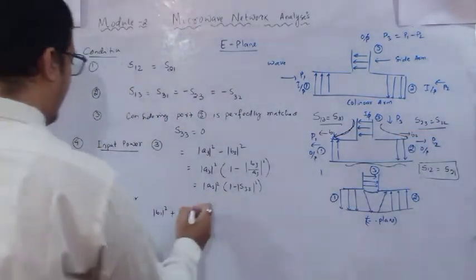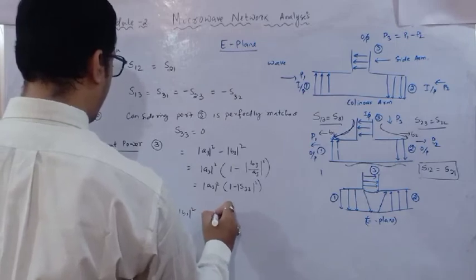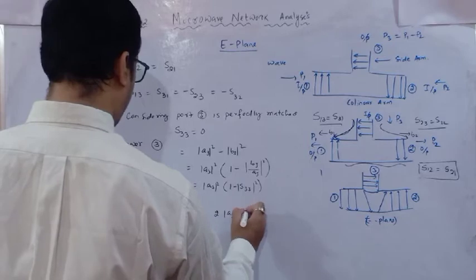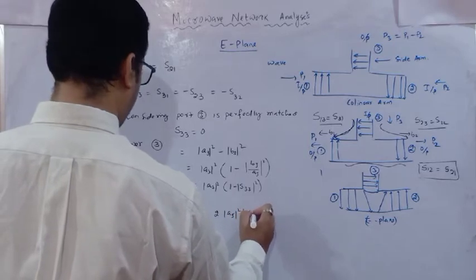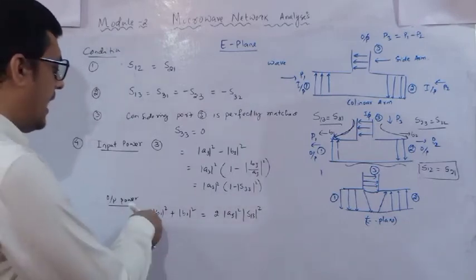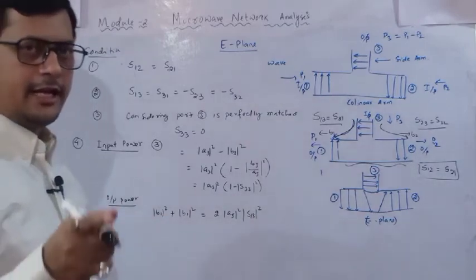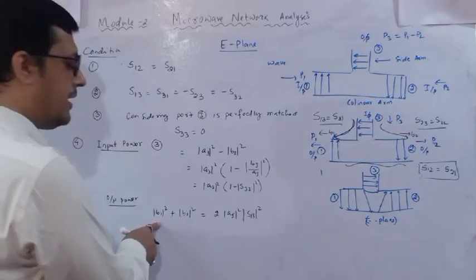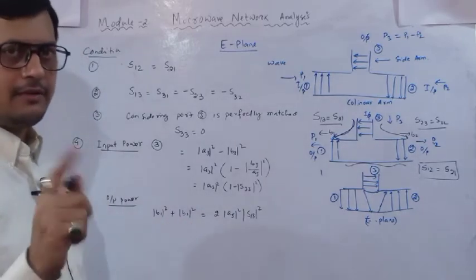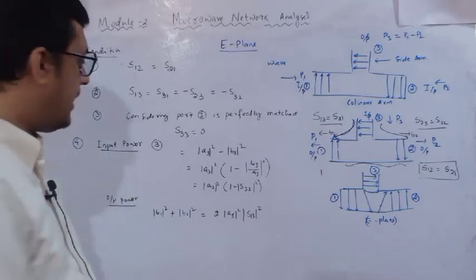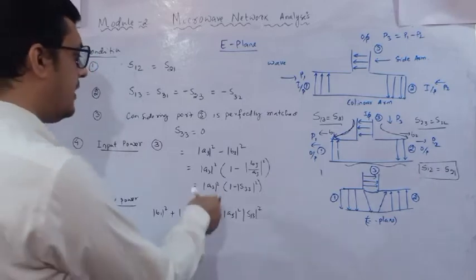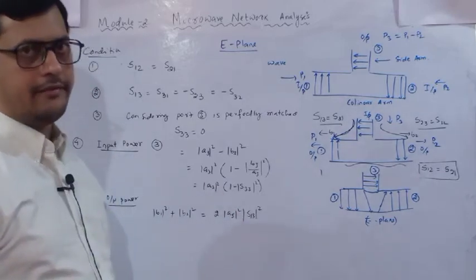So B1 square plus B2 square, I can write as twice of magnitude of A3 square into S13 square. That means I have divided and multiplied by A3. So first I will get B1 by A3 and B2 by A3. So B1 by A3 means S13 and B2 by A3 means S23. Both magnitudes are the same. So it is twice of S13 square that I have written.